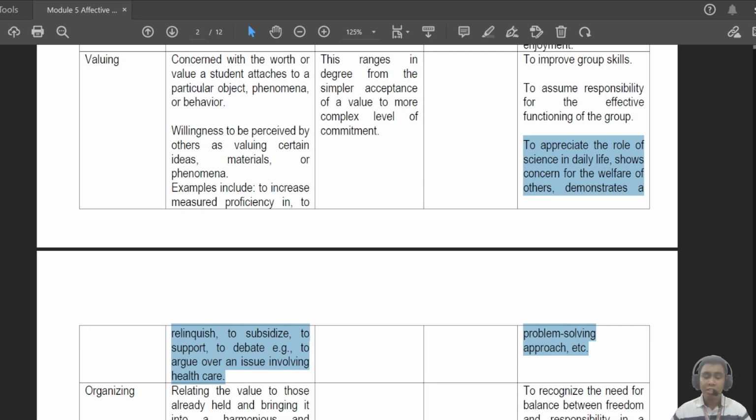Pag sinabi niya, hindi valuable para sa akin to, may value pa rin yun, because they perceive one phenomena to have no or to have low value. Ano yung kailangan mo establish dito? You have to establish what level of value or worth your students give to your lesson.